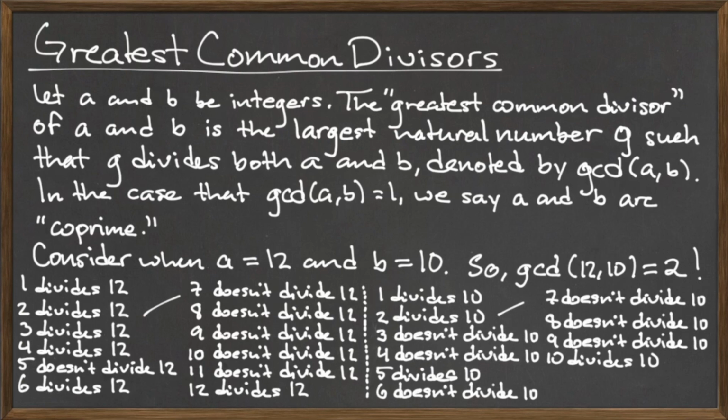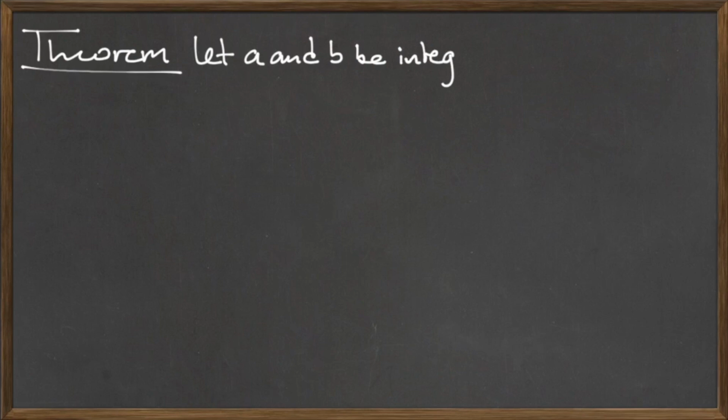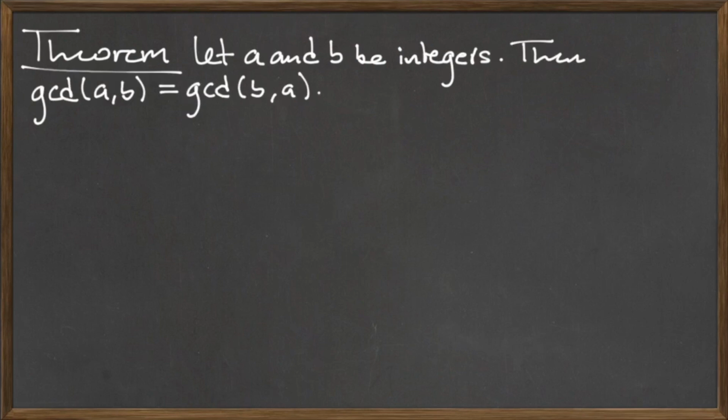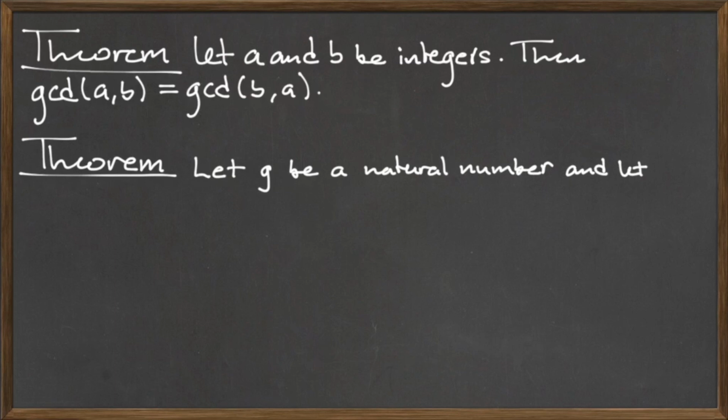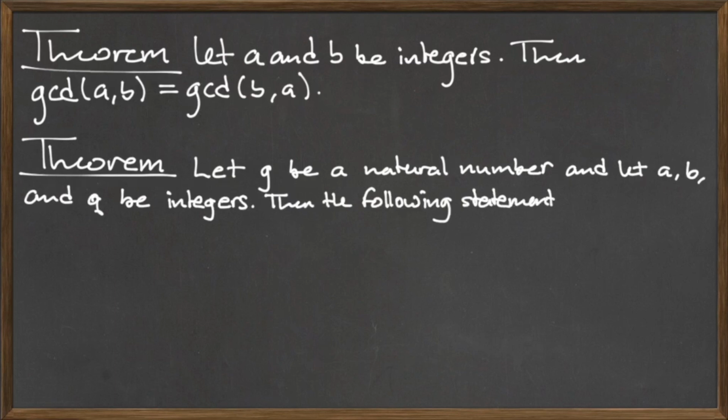The first theorem states that if a and b are two integers, then the GCD of a and b is equal to the GCD of b and a. In other words, when finding the GCD, the order does not matter. The second theorem states that for a natural number g and integers a, b, and q, the following statements are true.